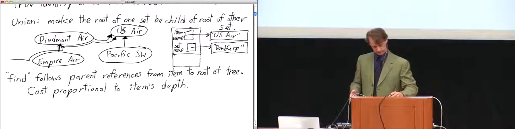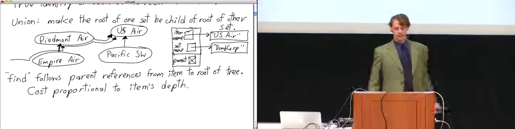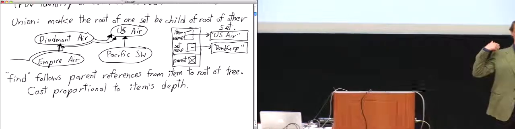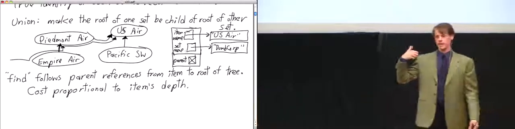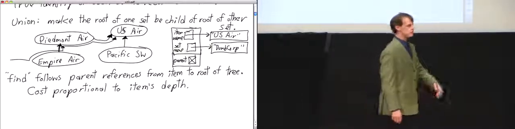And also, it has a parent pointer, but if this is the root, then the parent pointer is null. So that's what the item object might actually look like. And you can add more fields too if you need them. Other questions?